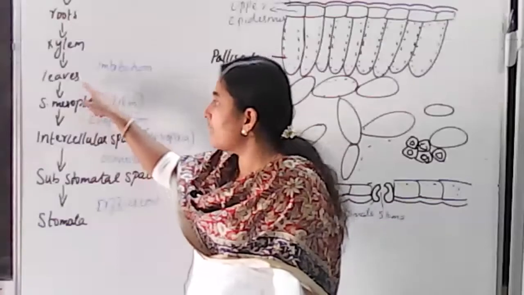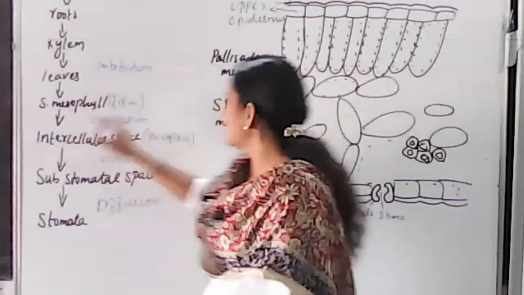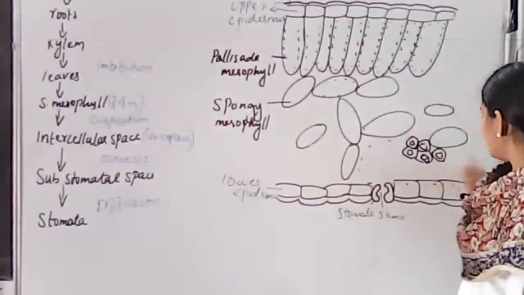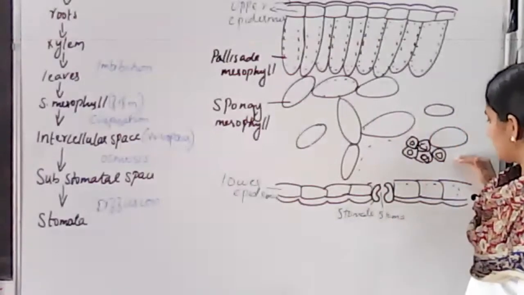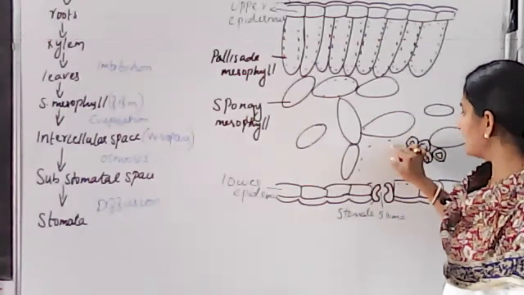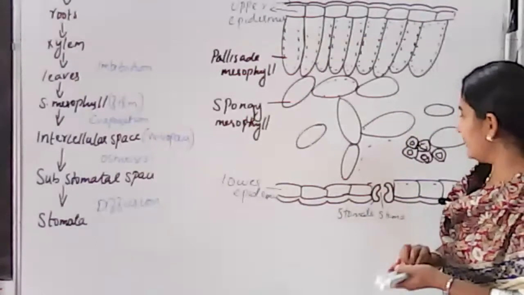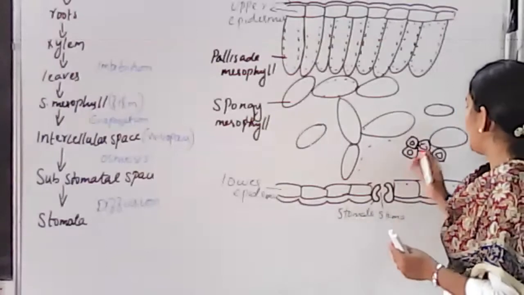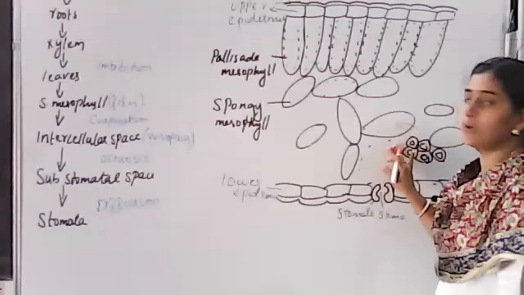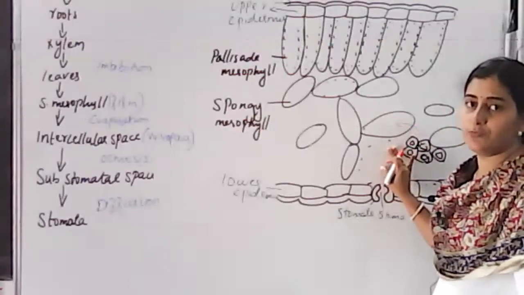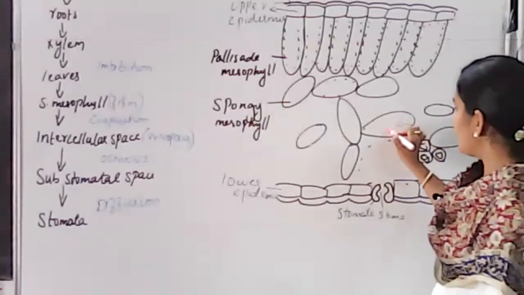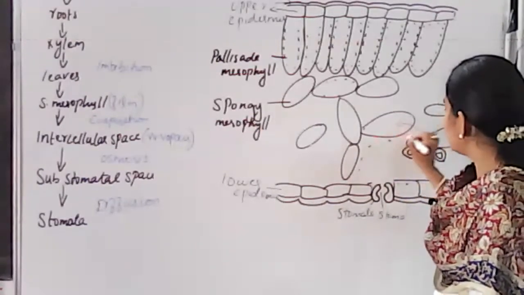Okay, then in the leaves, as I told you, there will be a xylem cell here. So from the tree it has reached the leaf, carried by certain xylem cells, and through small veins this water will be carried from the xylem cell towards the mesophyll cells, especially the spongy mesophyll cells. Then from the spongy mesophyll cell it will be carried towards the intercellular space.